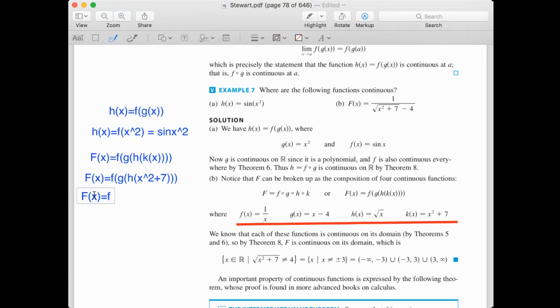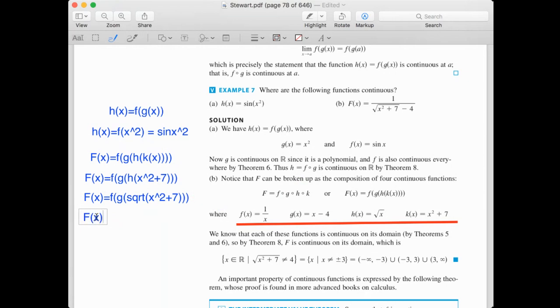So now we have f of g of h. H takes x squared plus 7 as the input. But what does h do? H is the square root of the input. The input is x squared plus 7. Then next layer.